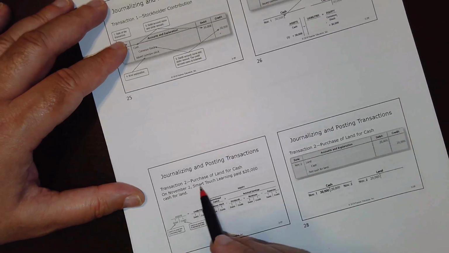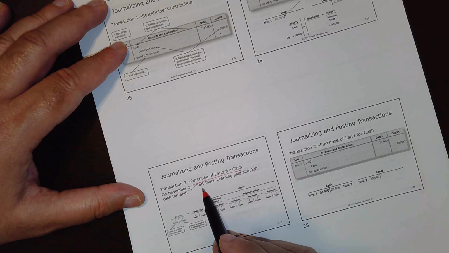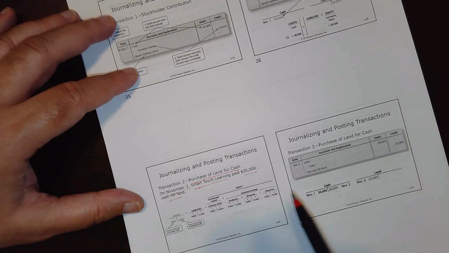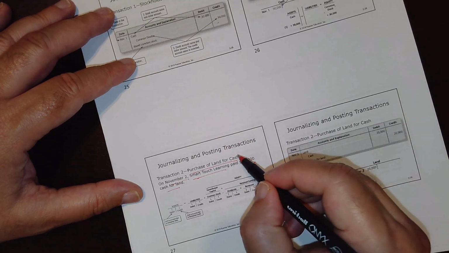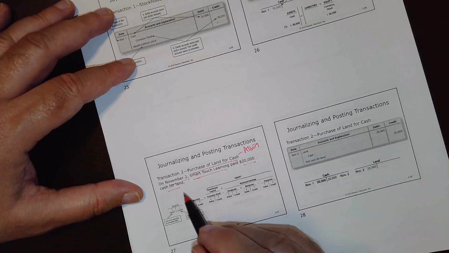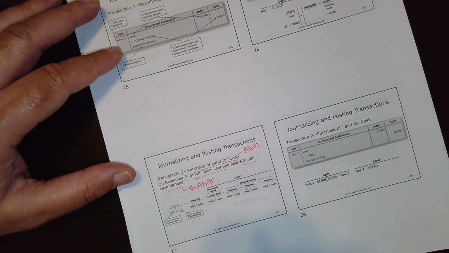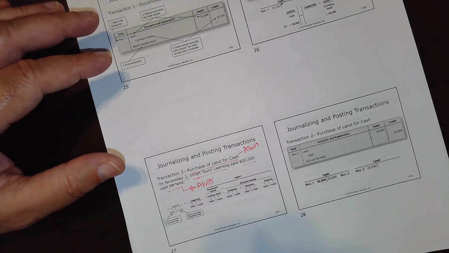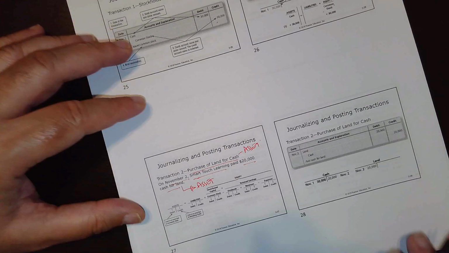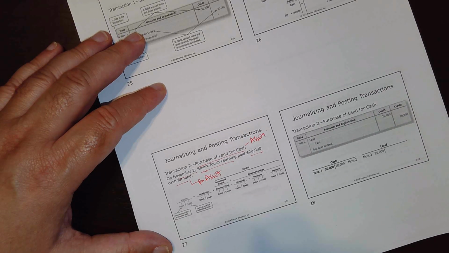Second transaction, purchase of land for cash. On November 2, Smart Touch Learning paid $20,000 for land. So what they're doing, cash is an asset, land is an asset. So basically you have one asset going down and the other asset going up. So what we need to do, we need to create another asset equals liability plus equity.